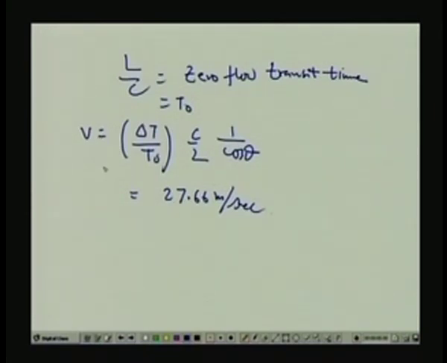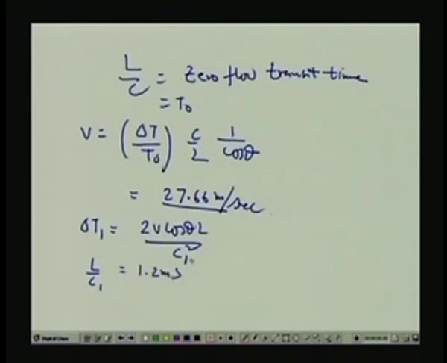Initially, when there is no change, I describe the time with T1. So, delta T1 equal to 2V cos theta into L by C1 square. Here, L by C1 equal to 1.2 millisecond.